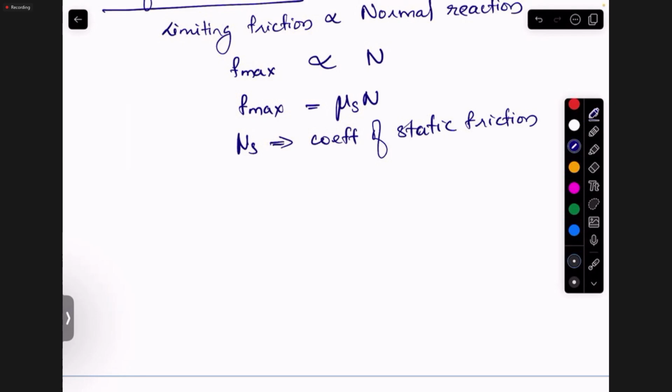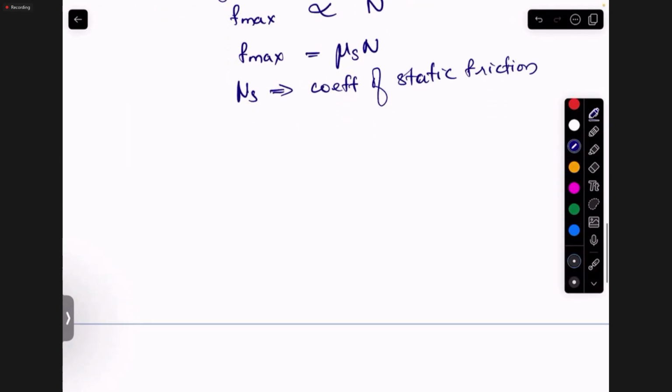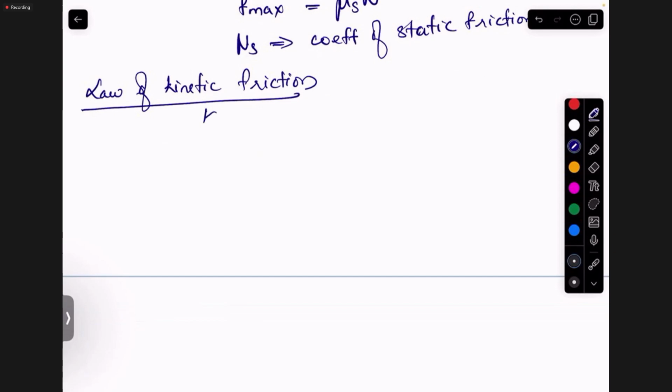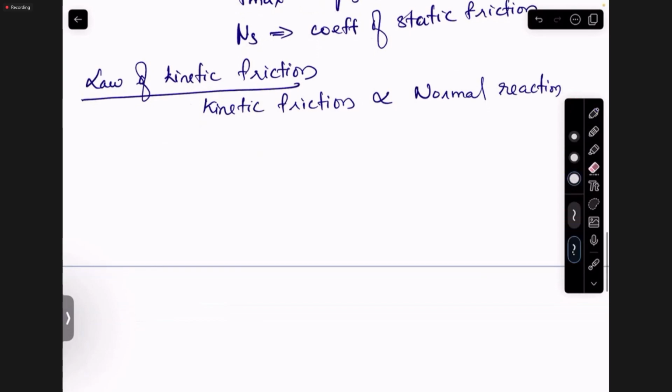Now, similarly, the law of kinetic friction: kinetic friction is again proportional to the normal reaction between the two surfaces of contact.